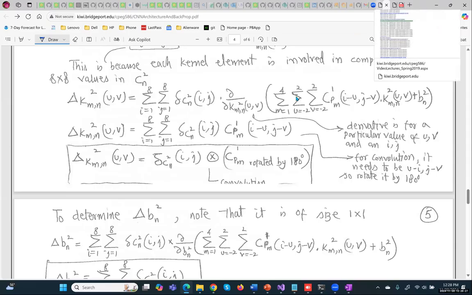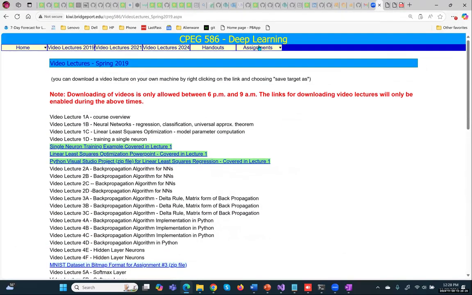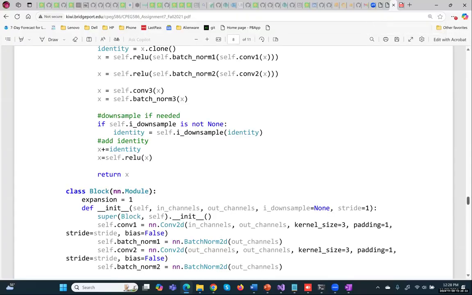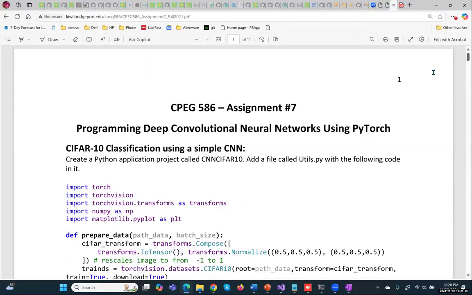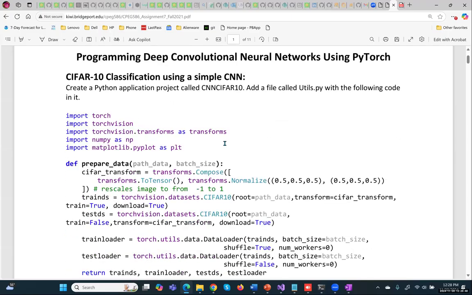So your next assignment is programming assignment number 7. You'll program a deep convolutional neural network for doing CIFAR-10 classification using a simple CNN. So all the steps we talked about, we're setting up the data loader and data set.